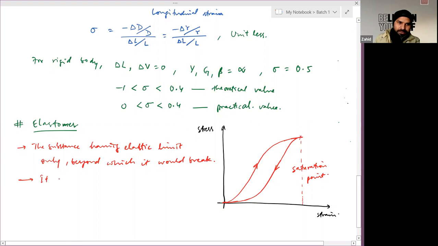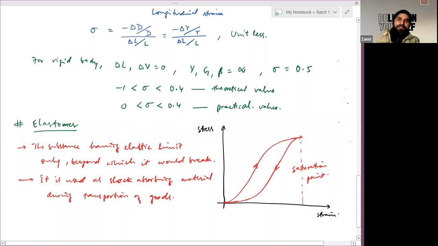So it is used as shock absorbing material during transportation of goods.